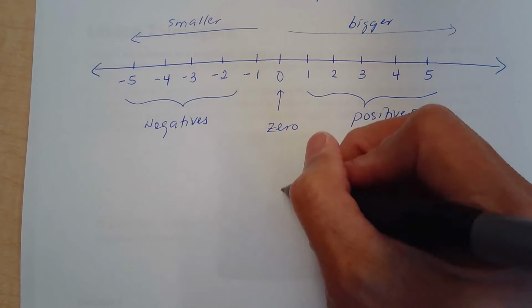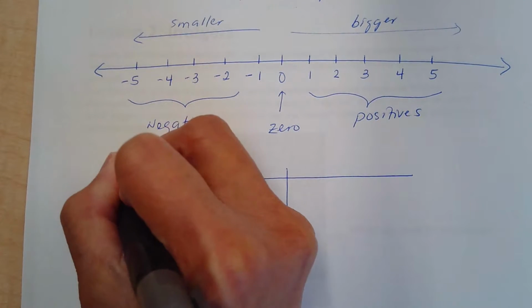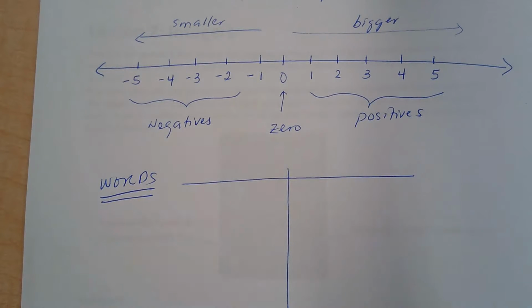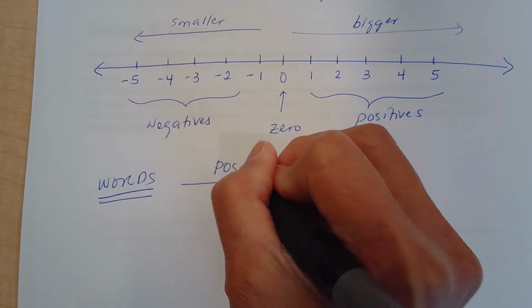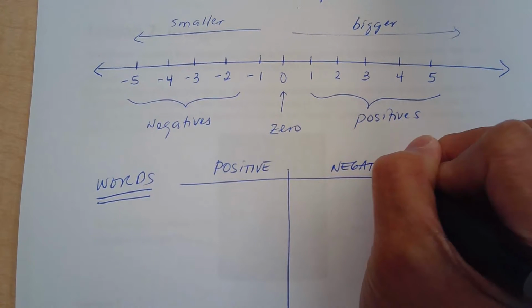Okay, so sometimes we're going to look at the wording, because we're going to look at the words that sometimes denote either a positive or a negative. Okay, so here, positive, negative. Okay, tell me.